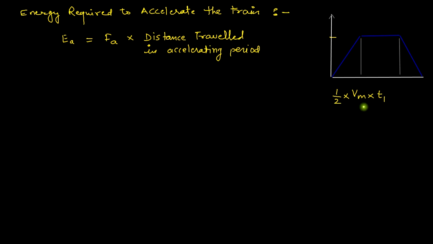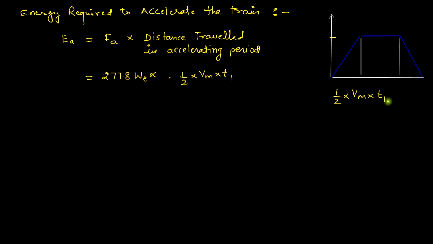So substituting this distance, I will get, we already have an expression for Fa, which is 277.8 We alpha, where alpha is the acceleration, times the distance traveled in the accelerating period, and it is 1/2 times Vm times T1.